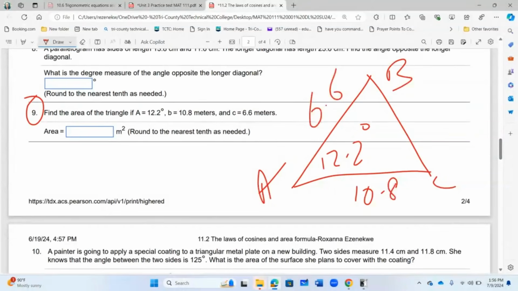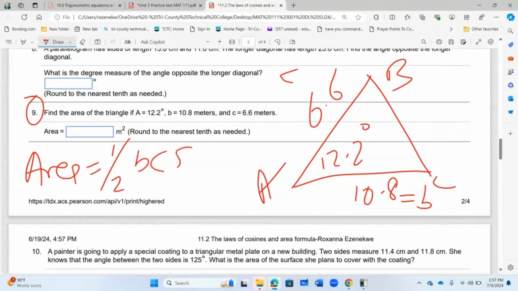The area of a triangle can be written as half AB sine C. So do I have AB? This is my B, this is my C, so this time I can say half BC sine A.